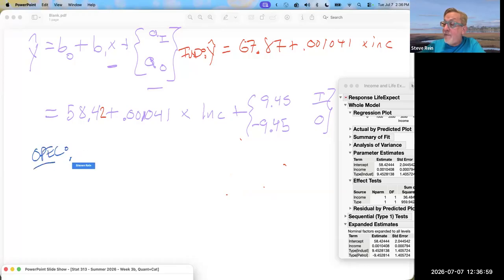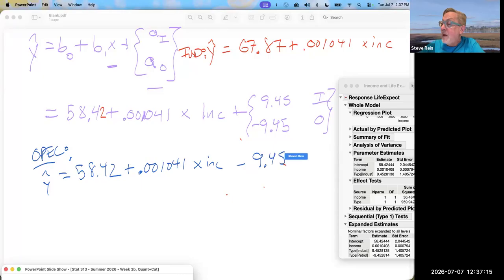I have Y hat is 58.42, like before, plus 0.001041 times income, minus 9.45, and that is the effect of it being an OPEC country, not industrialized. And again, we're going to say those are the things without income in them. I'm going to collect the terms.